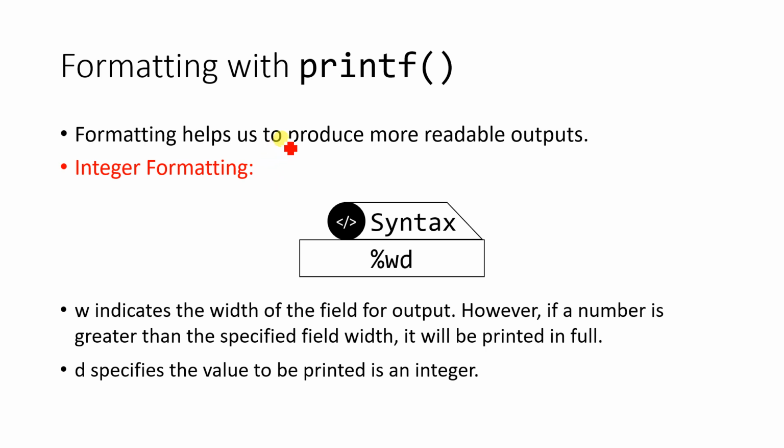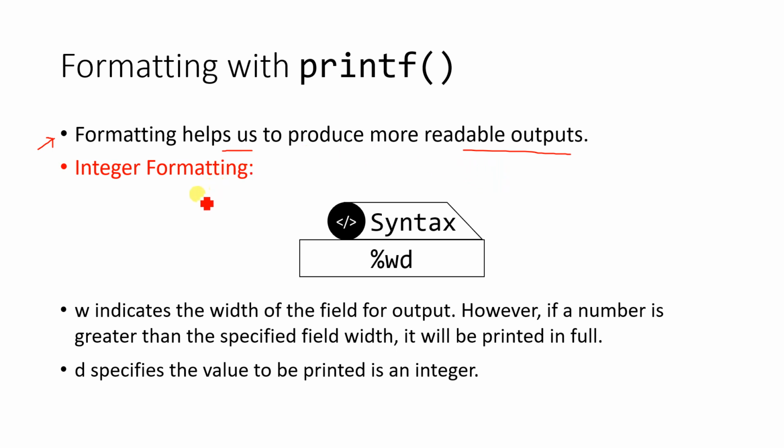So how do we format the output produced by your printf function? What exactly does formatting do? Formatting helps us to produce more readable outputs. The output will be displayed in a formatted way, with proper indentation, so that whenever a user reads the output, they will be able to understand what the output is trying to show us.